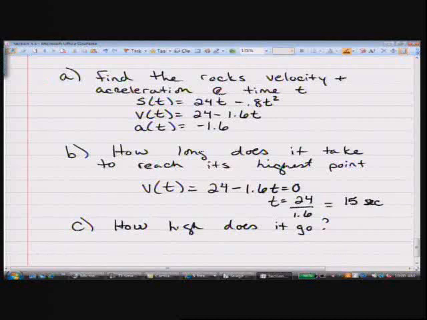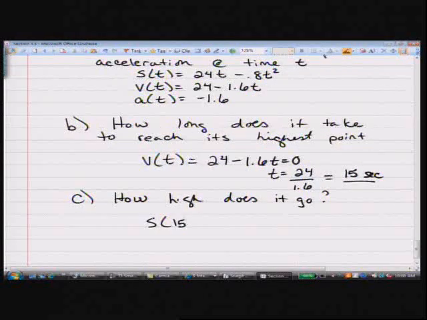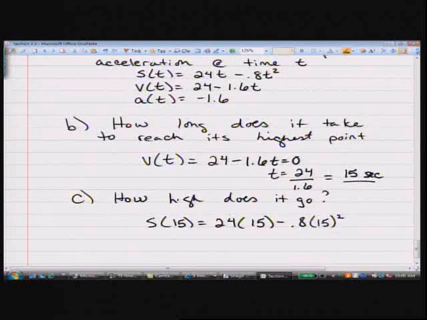Take this time when the maximum occurs and plug it into the original equation. So s of 15 is equal to 24 times 15 minus 0.8 times 15 squared, which, if you type that into your calculator, is 180 meters. Again, you could have done it with algebra, but it's not as fun.